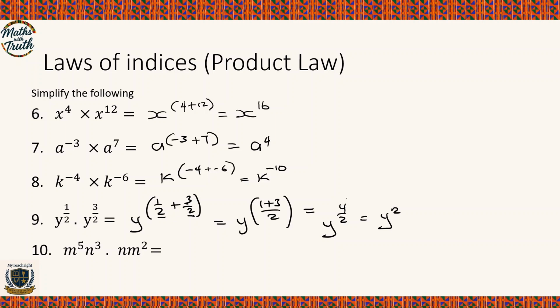We can represent this as m exponent 5, m exponent 2, n exponent 3, n, and this will be m exponent 5 plus 2, n exponent 3 plus 1, which gives us m exponent 7, n exponent 4.